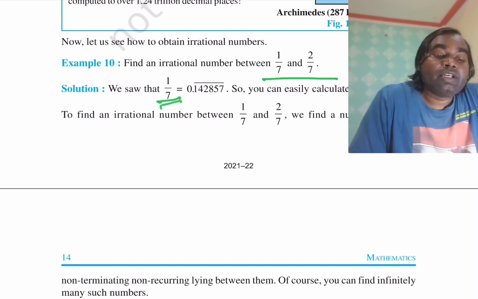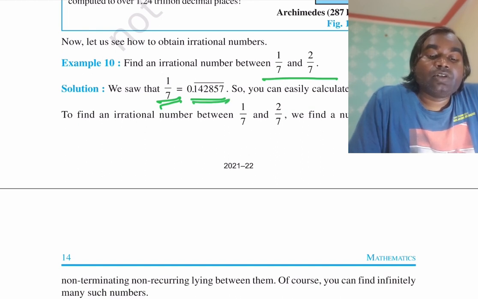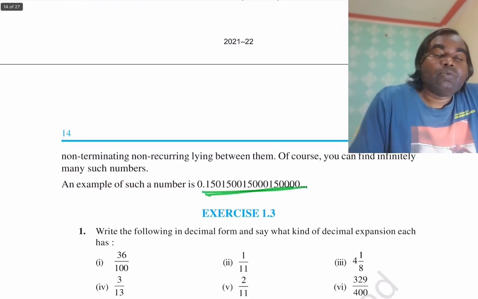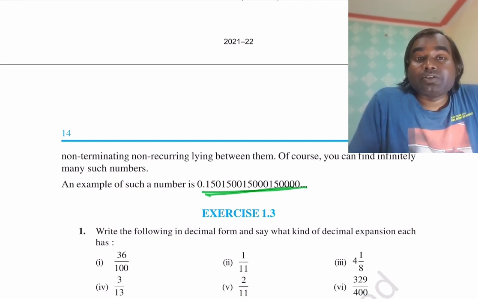So first we convert these numbers from ratio to decimal, and the number lying between these two will be more than 0.142857. That means if you write 0.15 and less than that value, that number will lie between the two. So this may be one of the infinite number of irrational numbers between the given numbers.